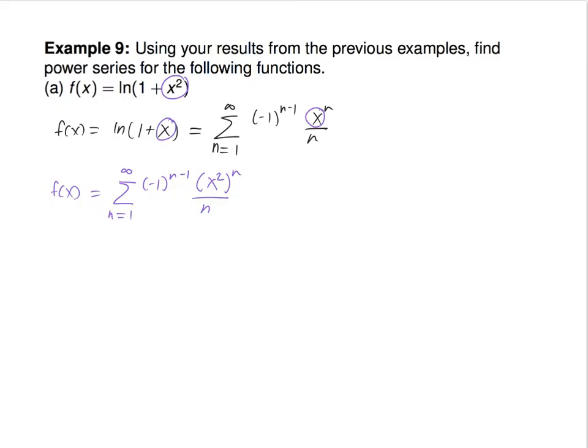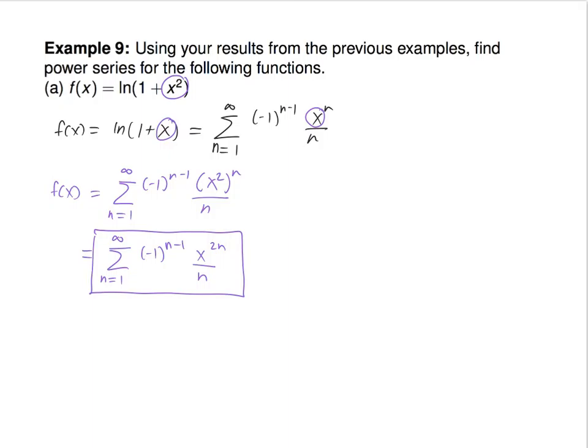And then what does that simplify to? Negative 1 to the n minus 1, x to the 2n over n. Would you not need a 2n in the denominator?